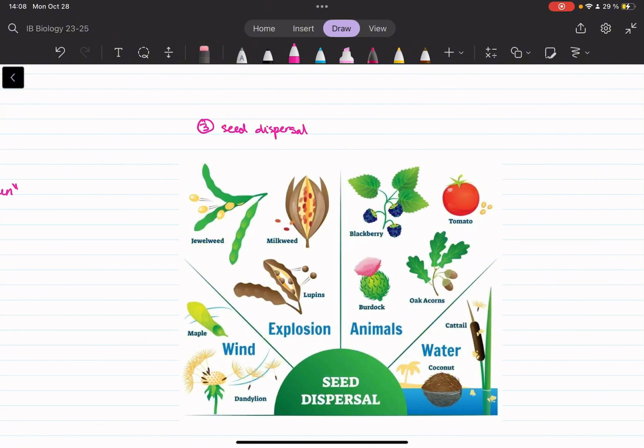Luckily, the seed has spread, and so the plant can survive. They also rely a lot on animals because plants are immobile. They can't move. So that's why seed dispersal is so important.